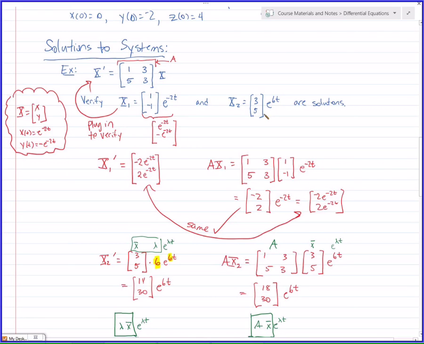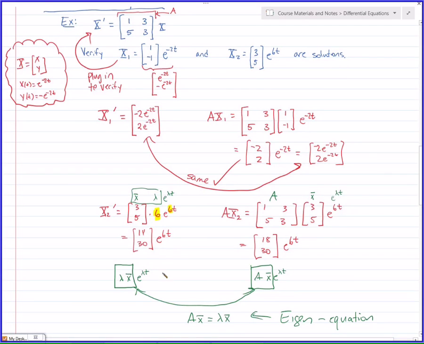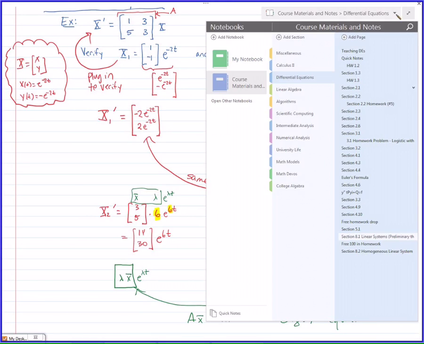Verify that they're solutions. Now we're talking about where these came from. I talked about it down here. It came from this eigen equation, namely that this -2 up here was an eigenvalue, and the (1, -1) was its corresponding eigenvector. And 6 was an eigenvalue, and (3, 5) was an eigenvector. It just so happens it's the exact same one, and now we're going to see where it comes from.